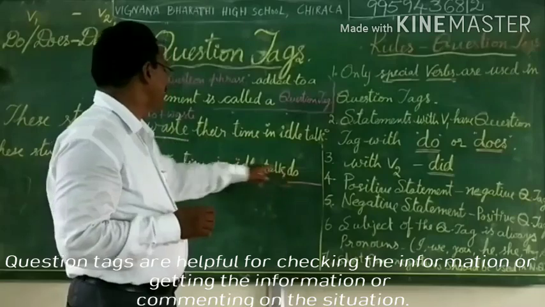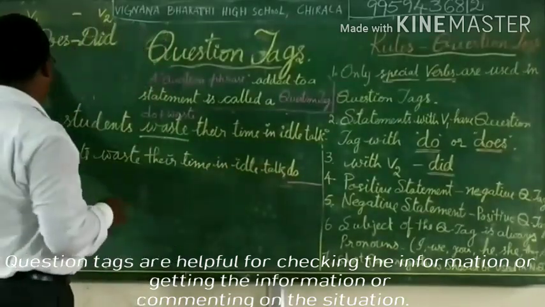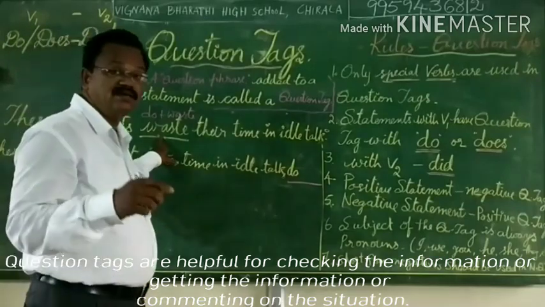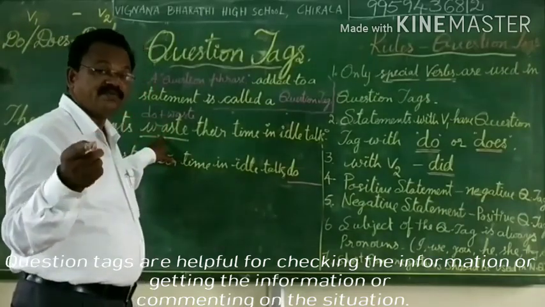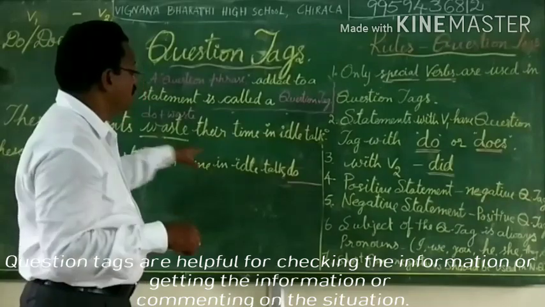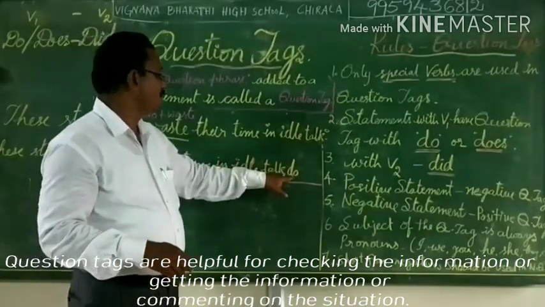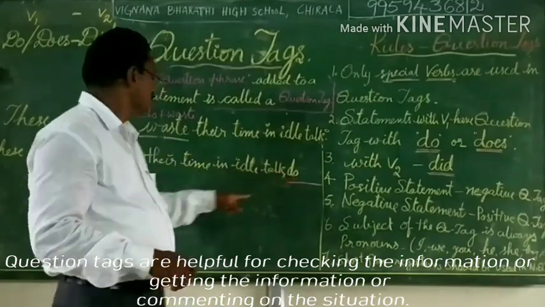That is do here, because waste is in do form, that is verb 1. If the verb is wastes, that comes under does form, then we use does. But here this is waste, so in do form we used do.